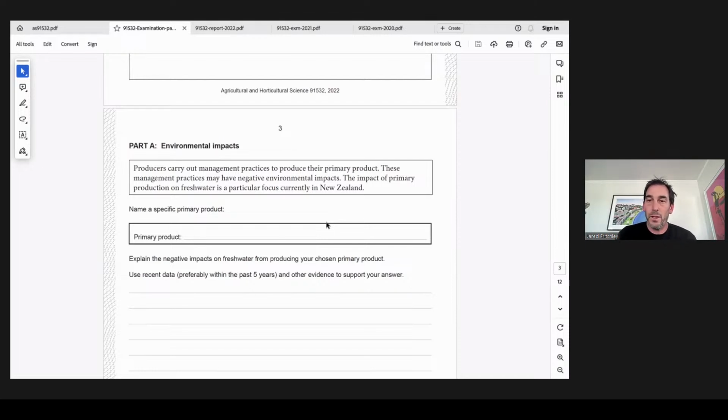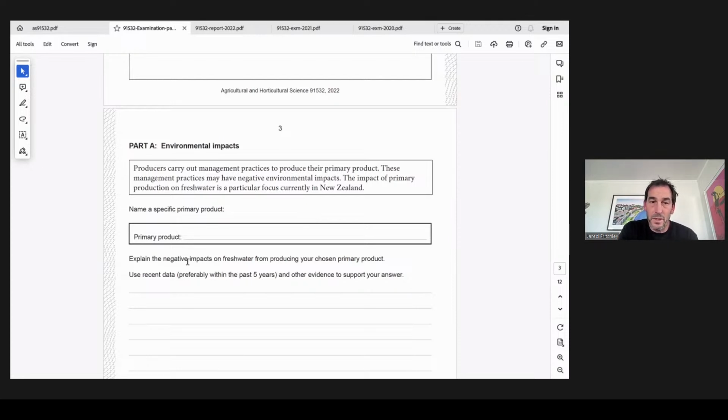So our whole way through, we're referring to our primary product or our primary production system or our farm that we're looking into, not just greenhouse gases from a generic sense, but from a specific primary production system or primary product.